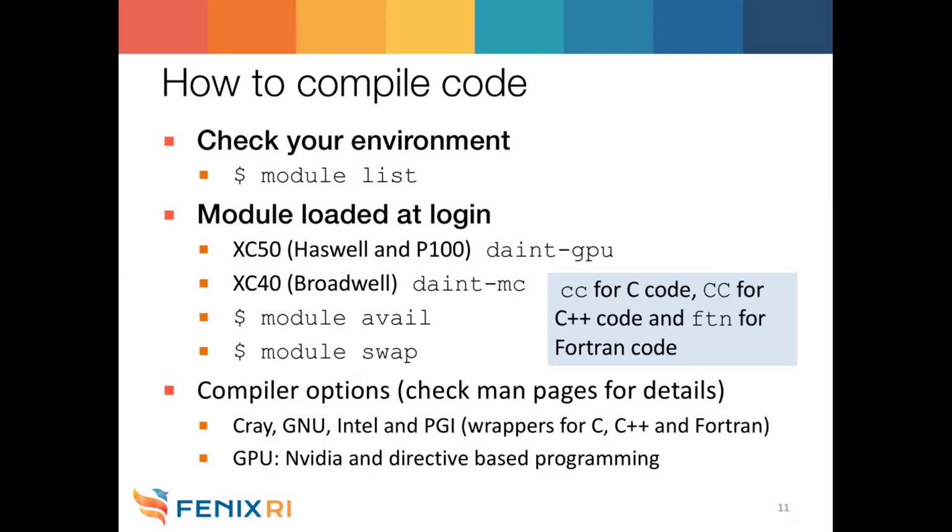They do not have to worry about linking to the proper MPI library or any maths library. There are a lot of default options set as part of this wrapper. And regardless of whether you are using Cray, Intel, or PGI, you will use cc as a wrapper for C code, uppercase CC for C++, and ftn for Fortran code.